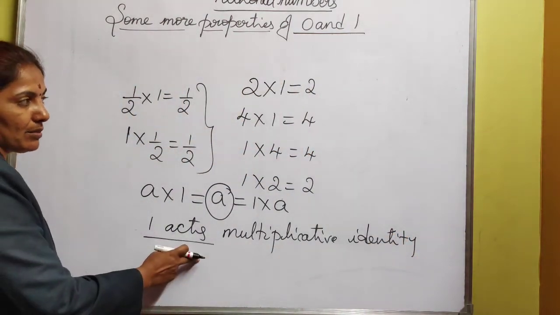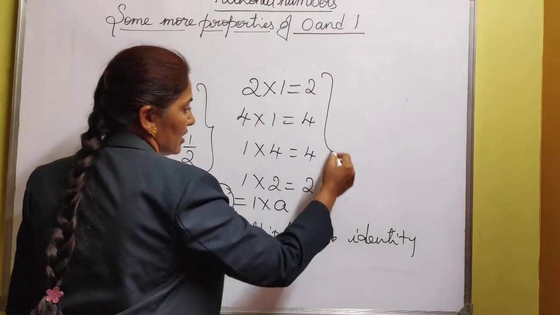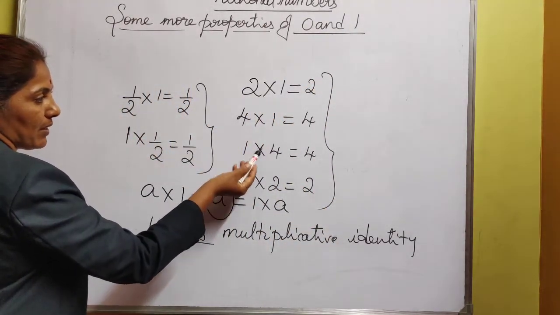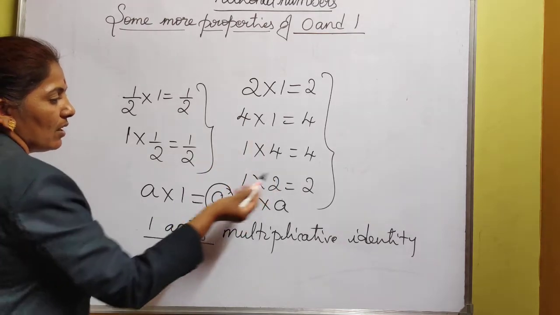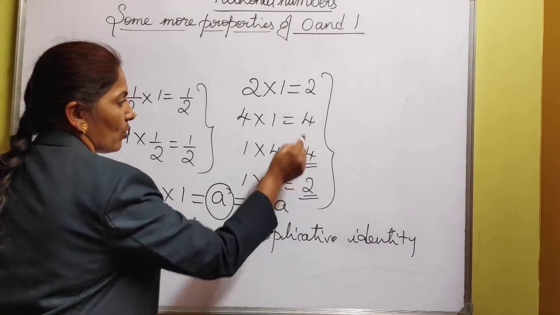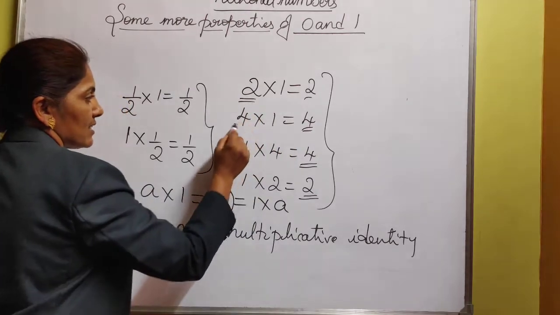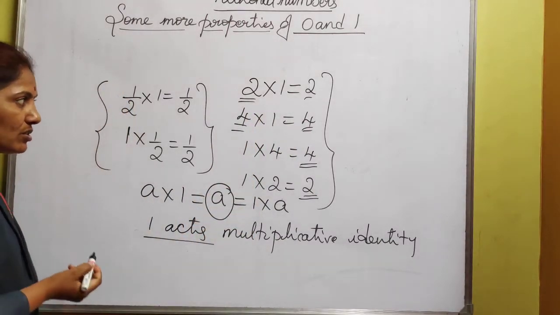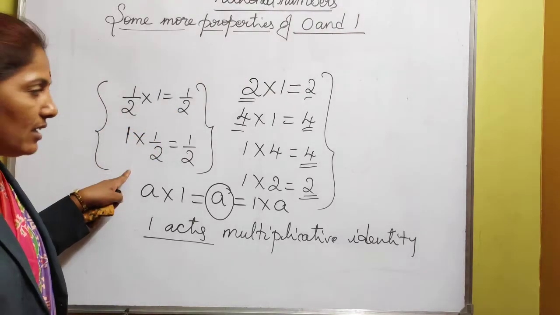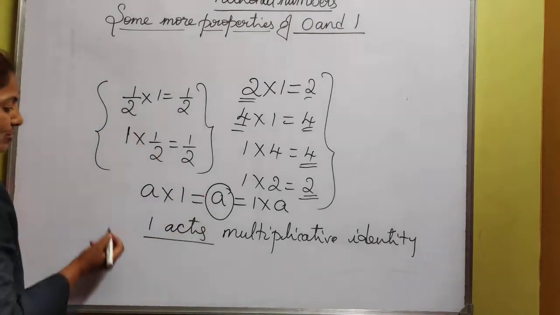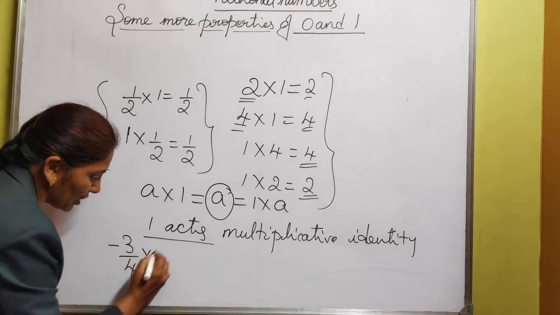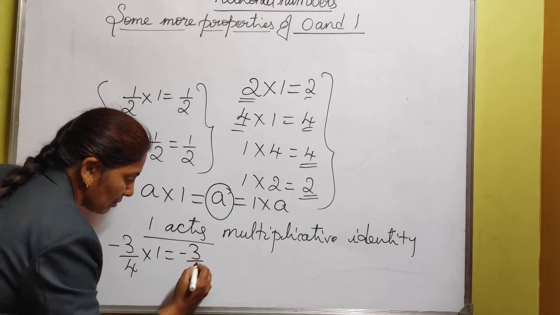Why does 1 act as the multiplicative identity? In all these examples, when 1 is multiplied by 2, or 1 is multiplied by 4, or 4 is multiplied by 1, the end product is the same. Even with rational numbers, whether negative, like minus 3 by 4 into 1, it is again minus 3 by 4.